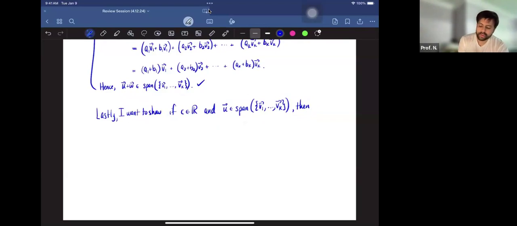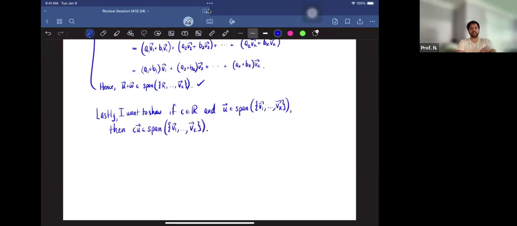I want to show if C is in R and U is in the span, then CU is also in the span. So then I use the definition.